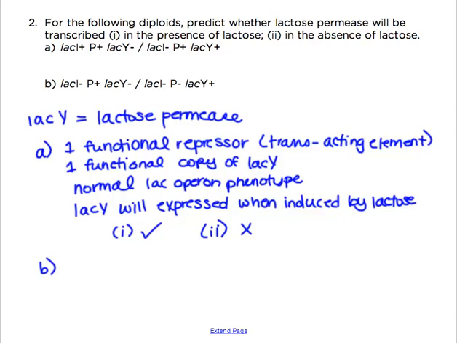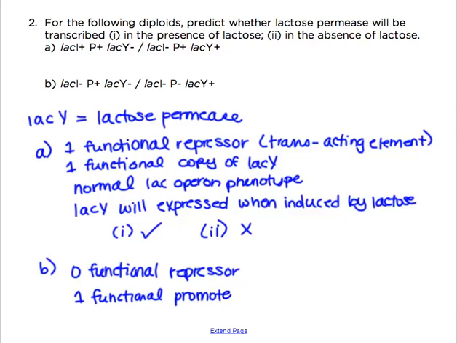For part B, you have zero copies of a functional repressor protein. So that right off the bat should tell you that you will not have a normal wild-type phenotype for the lac operon. Okay, you have one functional promoter. And this promoter, remember that because it's actually a part of the DNA sequence, is cis-acting.